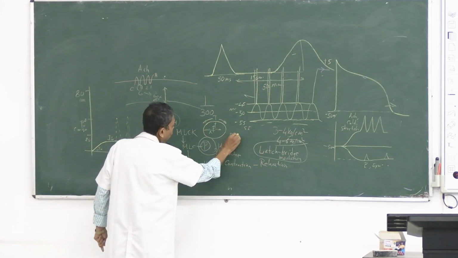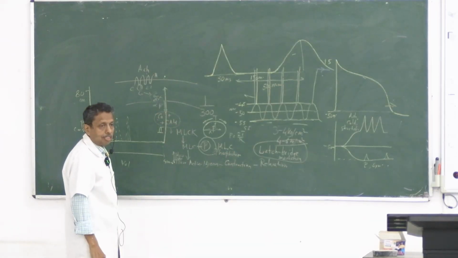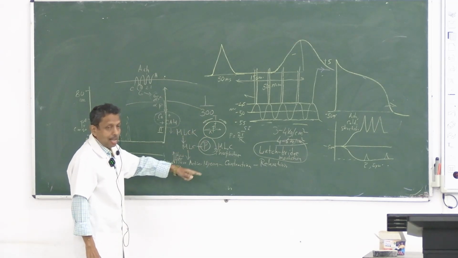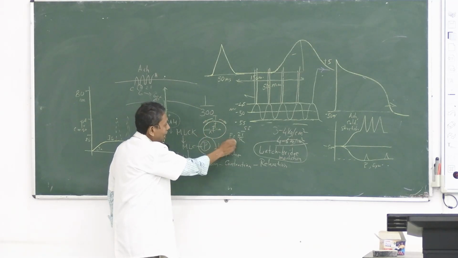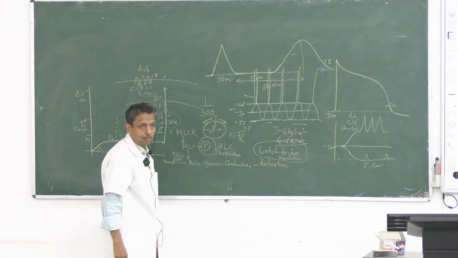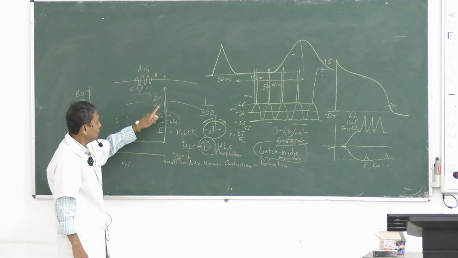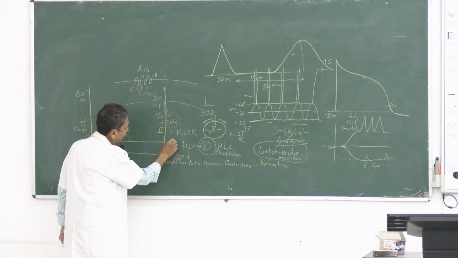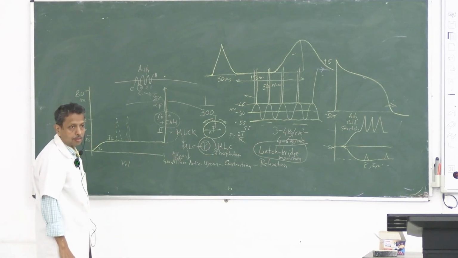P is equal to 2T by R. If there is increased fluid, then pressure will increase, and if the wall is elastic, then R will also increase, and the pressure will remain the same. And whenever there is much increase, the micturition reflex occurs. If the micturition reflex is not there, it should continue in this way, and gradually it will go on. Yes, it is an example of plasticity.